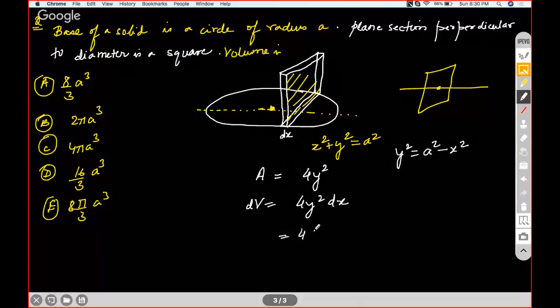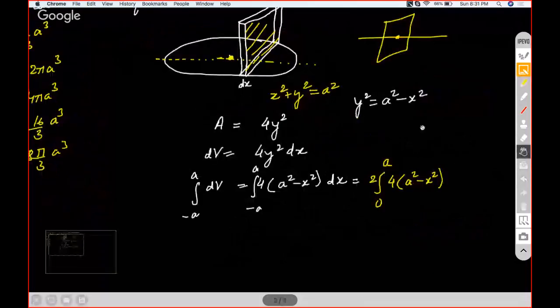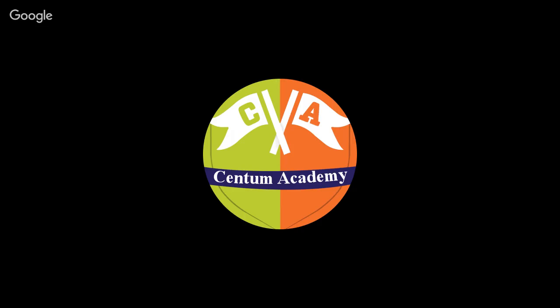Integrate both sides from minus a to a, which you can also write as twice 0 to a. Let's quickly evaluate this. This will become 8 times a square x minus x cube by 3.